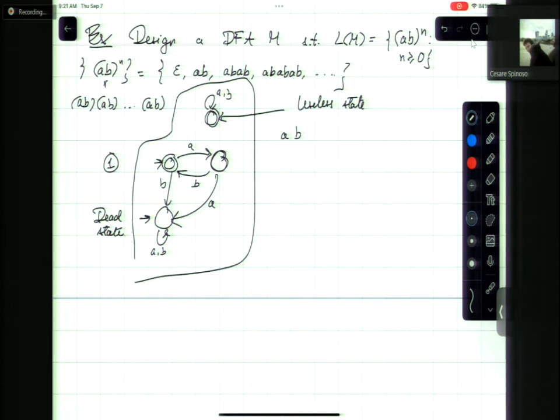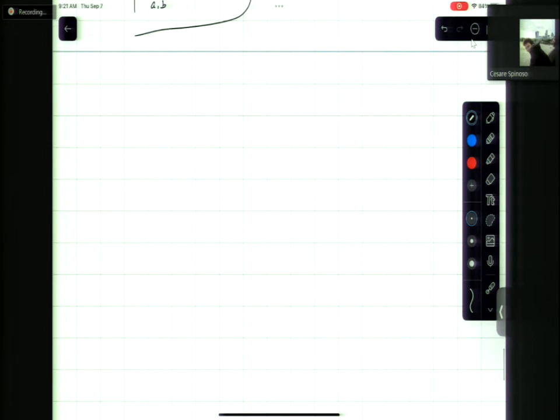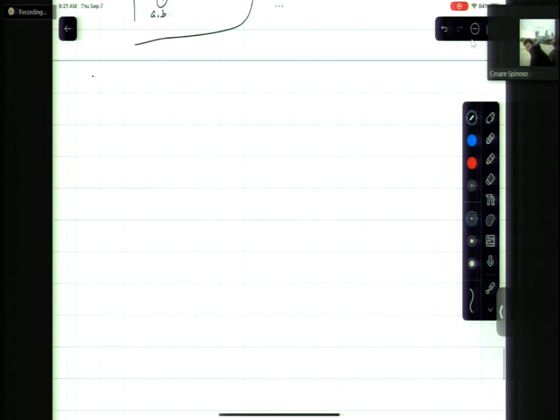So, now that we've looked at examples, what I'd like to do is give you a formal definition of a DFA. The definition of a DFA is the following.